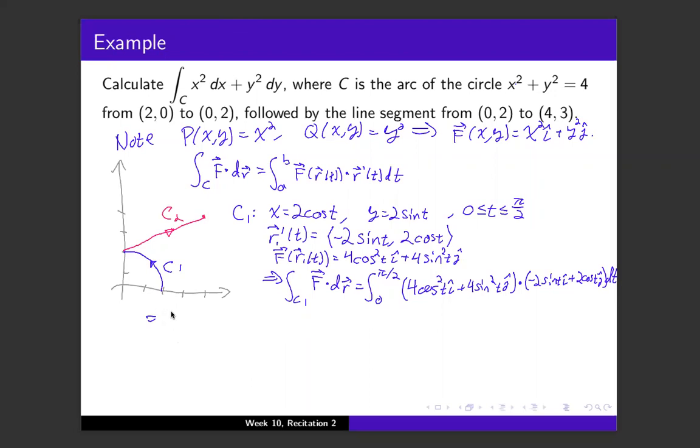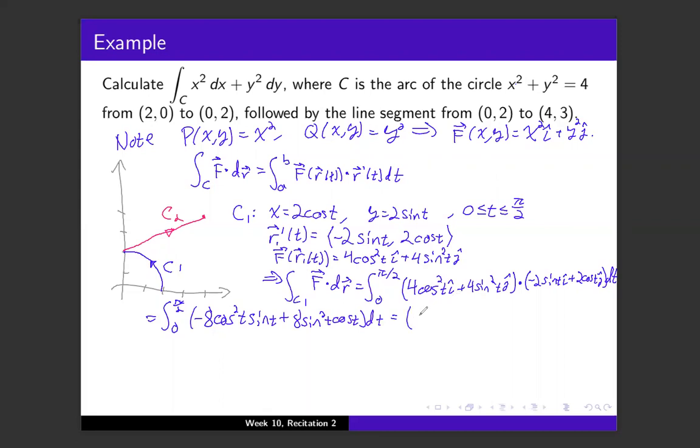And all of that is going to come out to the integral from 0 to pi over 2 of negative 8 cosine squared t sine t, it's a dot product, it's a scalar, plus 8 sine squared t cosine t dt. And I'll let you know what this is.